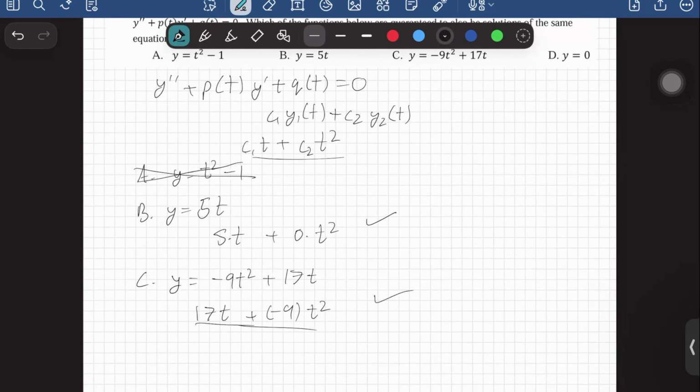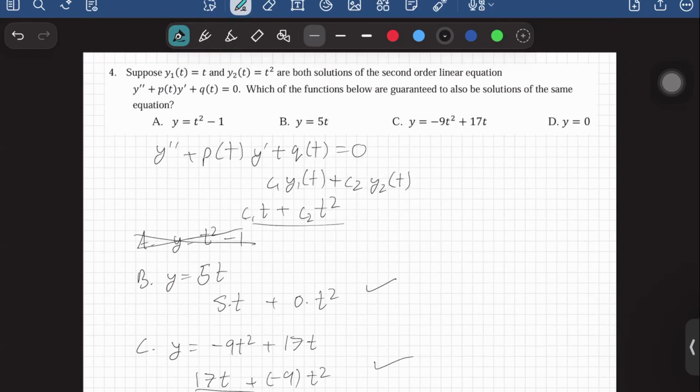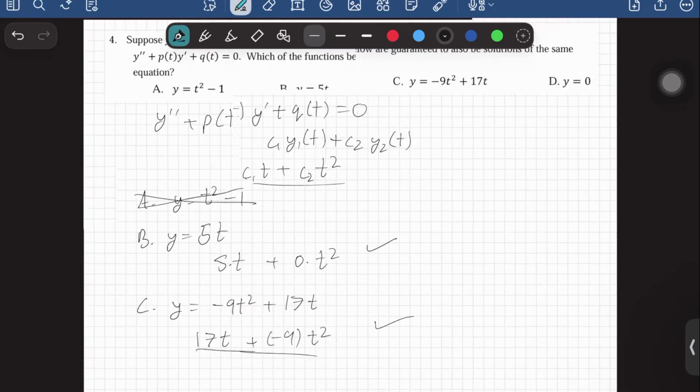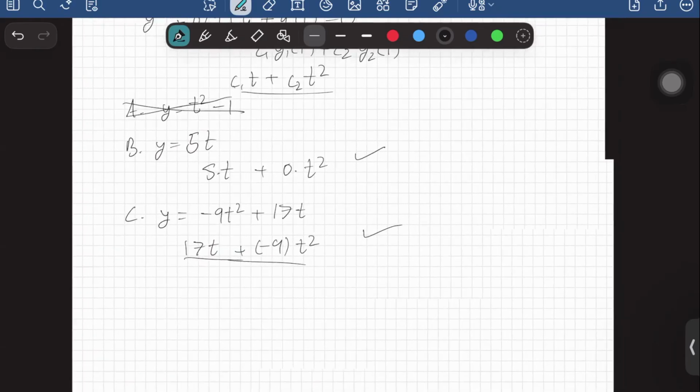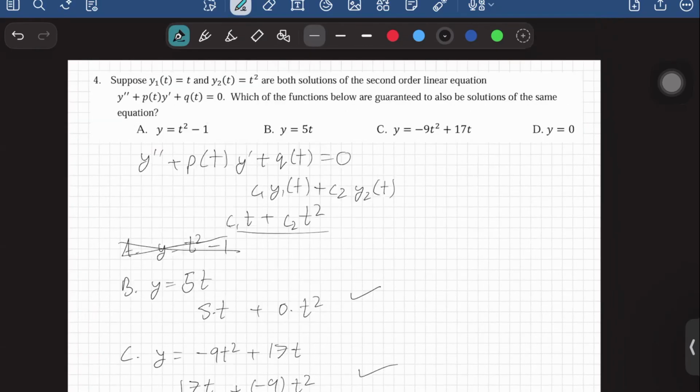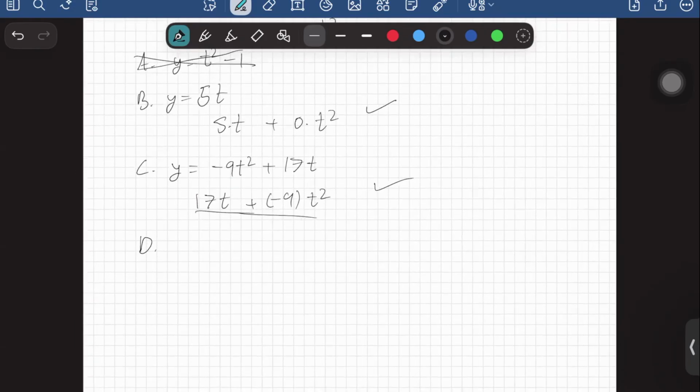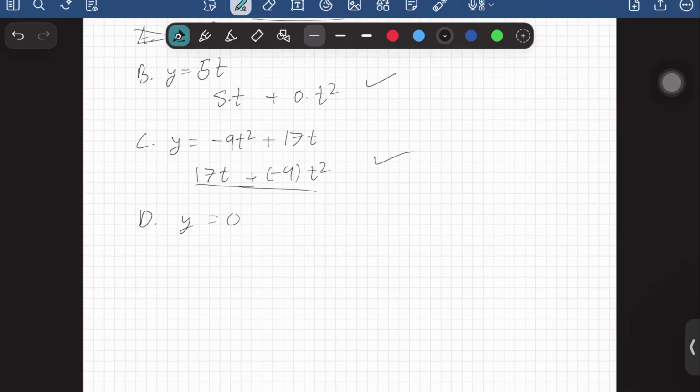So this is also guaranteed to be a solution of the same equation. And D says that y equals 0, right? The zero function is always a solution of a homogeneous linear equation, so this is always guaranteed. So our final options are B, C, and D.